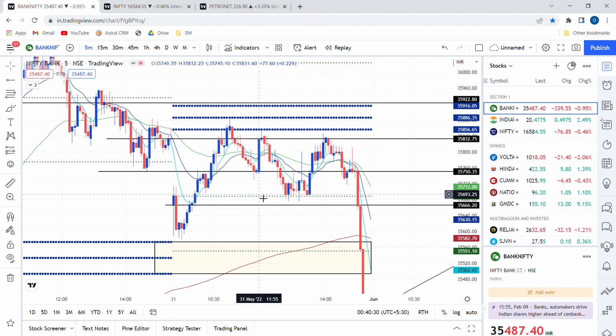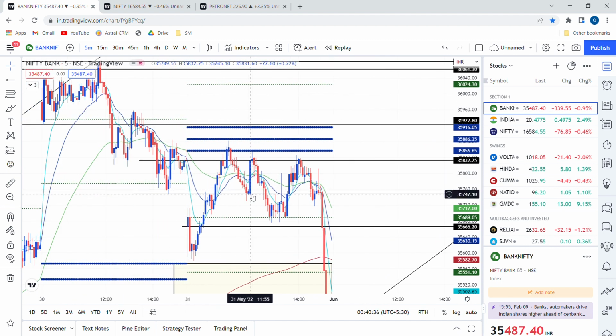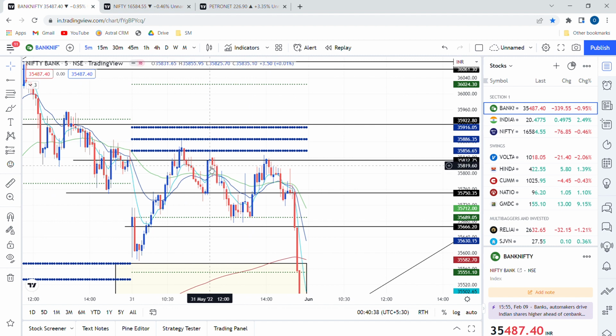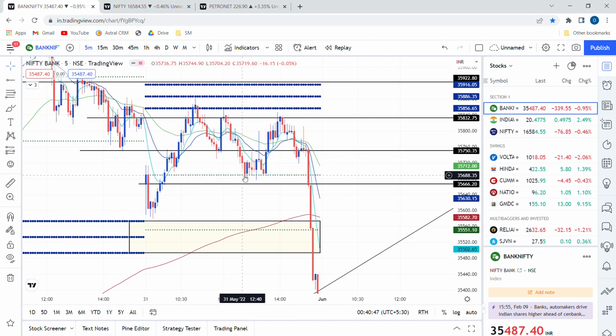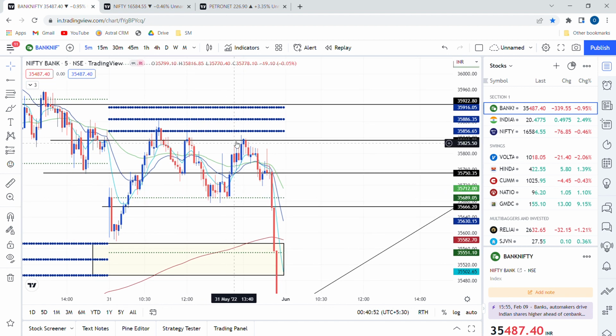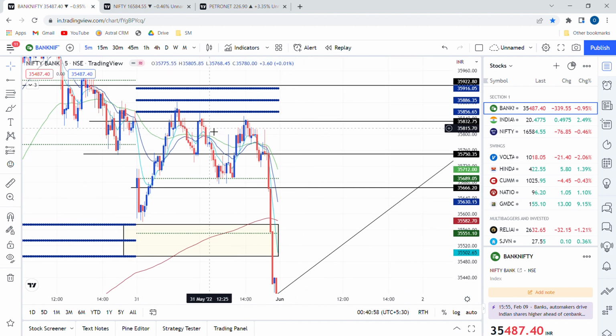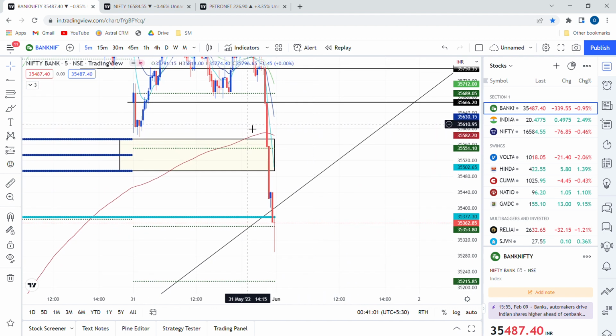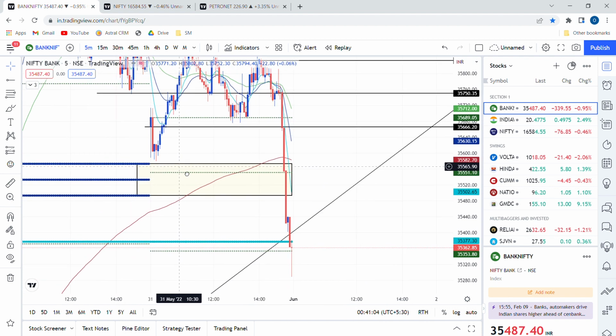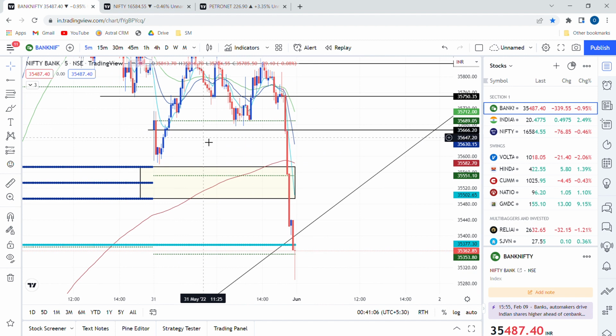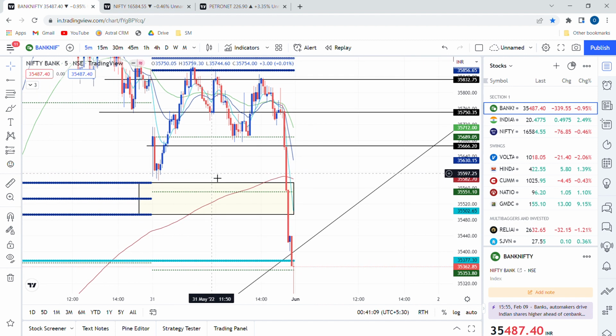And eventually when the price came to yesterday's low, the price again formed a bullish candle and again sought resistance from the CPR, again reversed to the pivot, and from the pivot it again reversed to the closing price of yesterday, and again it faced rejection and came all the way down below today's open price, as well as today's initial balance low.